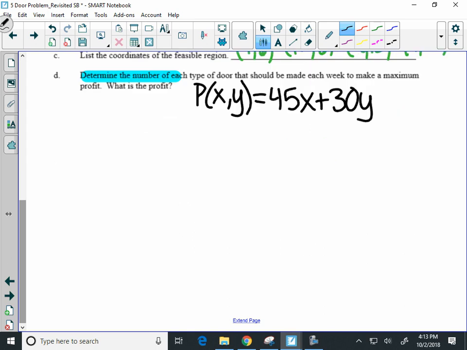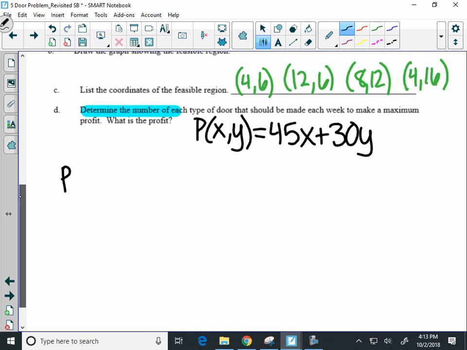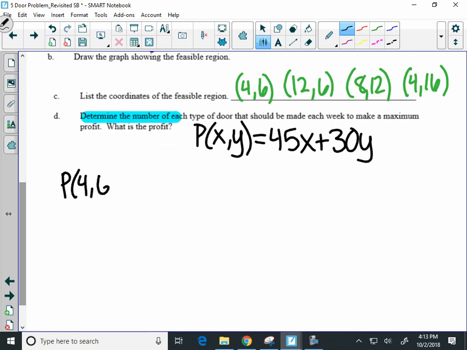Remember, as you're working on this, that you take the profit of each ordered pair. So you put the 4, 6 in. The 4 is an x, the 6 is a y. And you put those in for x and y in your function. So you got 45 times 4 plus 30 times 6.